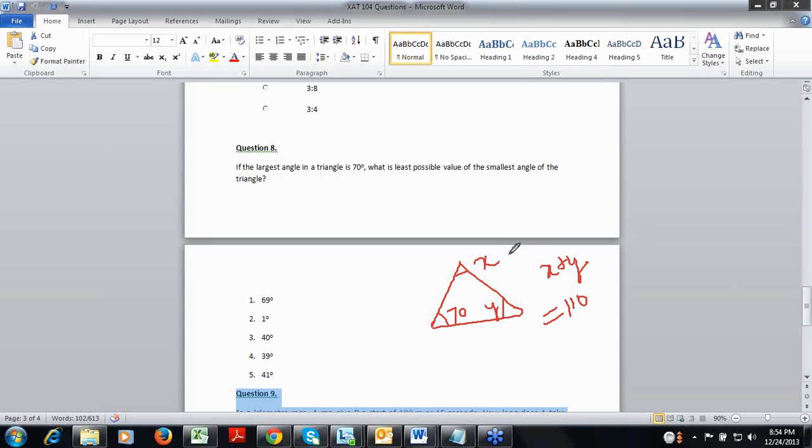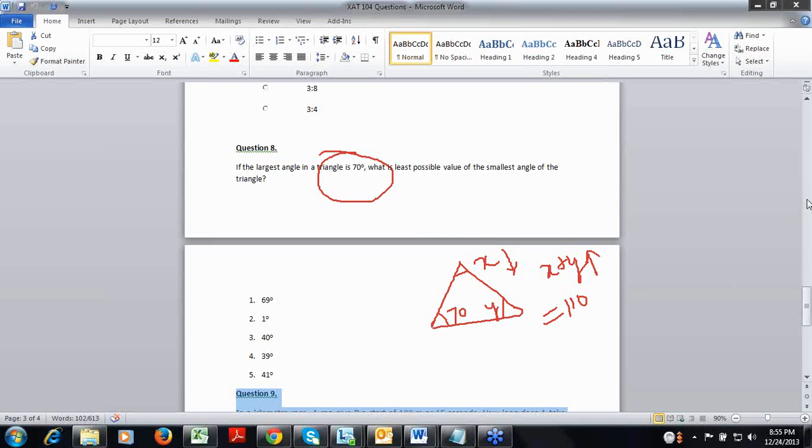Now we want x to be least. So how can x be least? When y is maximum. Y is maximum, then only x can be least. Y can be maximum, but y cannot attain a value more than 70 degree, because we have been posed a condition over here that the largest angle of the triangle can only be 70 degree.